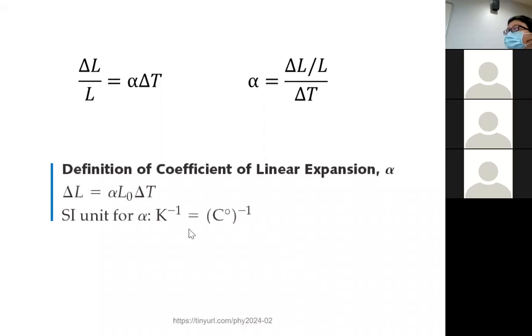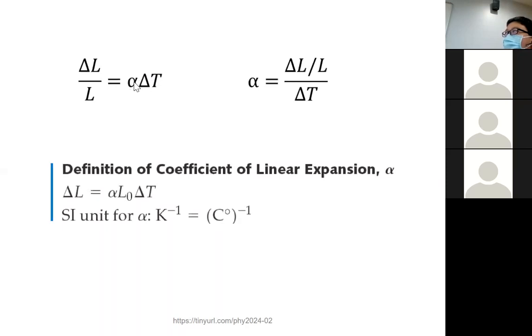If you put it into a formula, as we like to do in physics: if there's a change in length, we call it delta L, the change in length of the material, divided by its original length L. It is proportional to the temperature change, delta T, with a coefficient we call alpha.